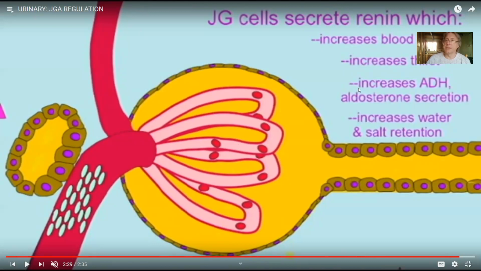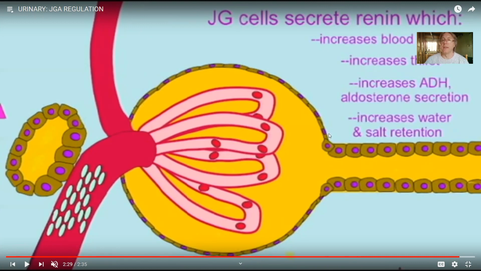But then renin is kind of a boss hormone, which has two underlings: ADH, made from the hypothalamus and released from the posterior pituitary, and aldosterone, released from the cortex of the adrenal glands. And so renin then causes ADH to be released, which will conserve water. And then aldosterone is released, which conserves salt, which then helps conserve more water.